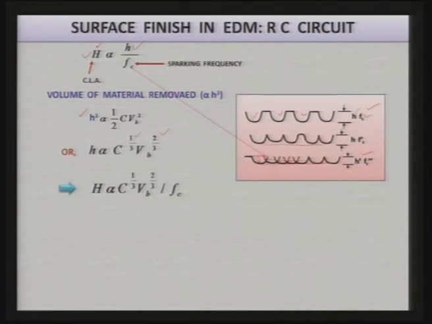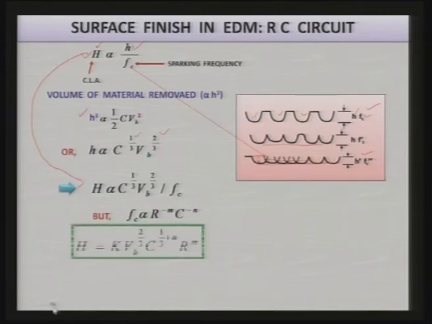From this equation, you can write h is proportional to C raised to power 1 by 3 V_V raised to power 2 by 3 divided by F_c, that is the sparking frequency. But we know that F_c, the frequency of sparking, is proportional to r raised to power minus m and C raised to power minus n, where m and n are constants.